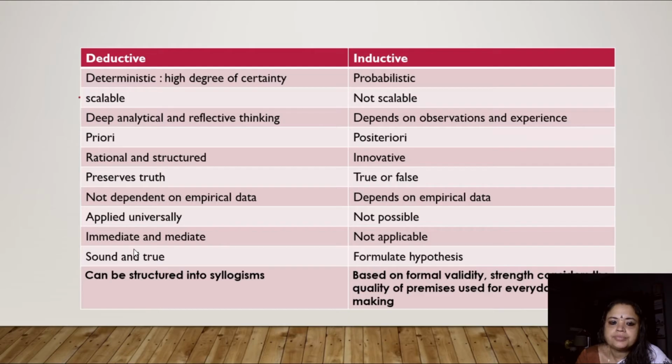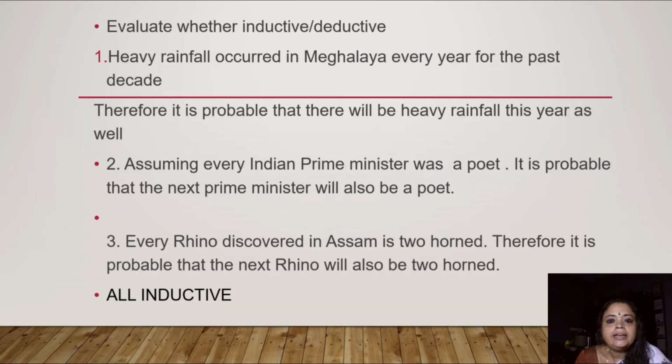You cannot make experiments on deductive arguments, whereas you can make experiments on inductive arguments. And when you have two statements and a conclusion, it is called a syllogism in deductive reasoning, whereas the strength of the premises determines the conclusion in an inductive argument.